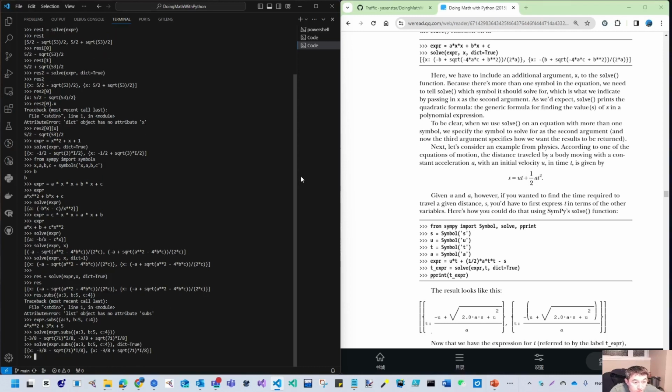So it's X. Now X has only those number values.